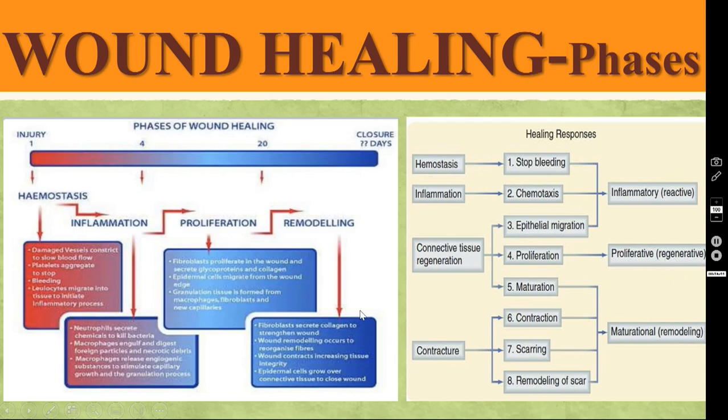And the final stage is the remodeling, where the maturation of the scar, collagen 3 to collagen 1, and cross linkage of this collagen happens, and then the scar will start contracting and eventually become mature, but the tensile strength will be only up to 80% of the original strength. This is called the remodeling of the scar, and it is also known as the maturation phase.